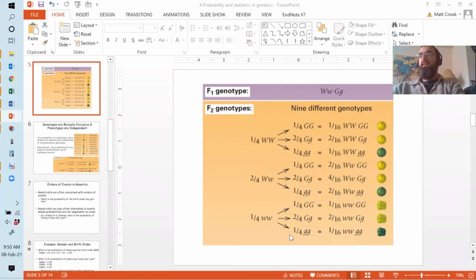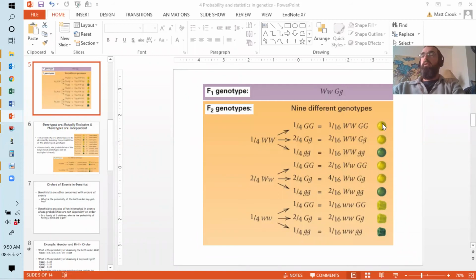And you can only have for the other gene this genotype. So the probability of getting these, which are independent, is 1/16, right? Because you have a quarter probability of getting this genotype, you have a quarter probability of getting this genotype, right? Right, so that's 1/16, yeah?